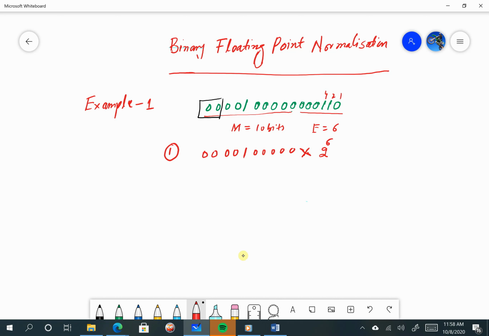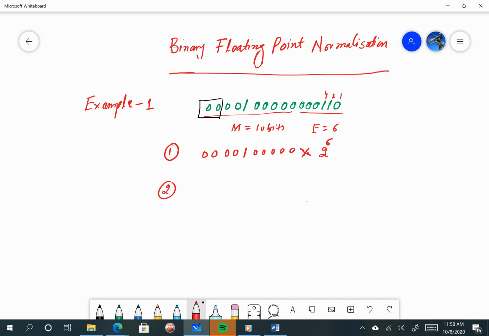Now in step number 2, to normalize the number, the decimal point should be moved in front of the first non-zero bit. If the decimal point is moved n places to the right, then the power of 2 is reduced by n.